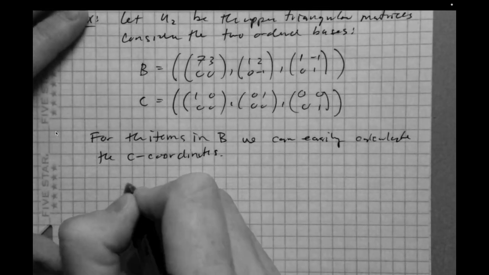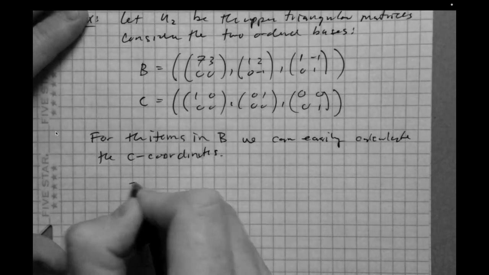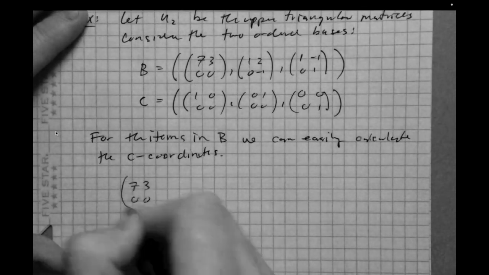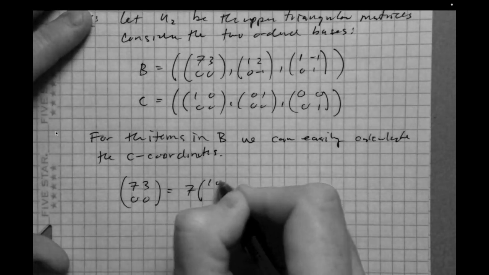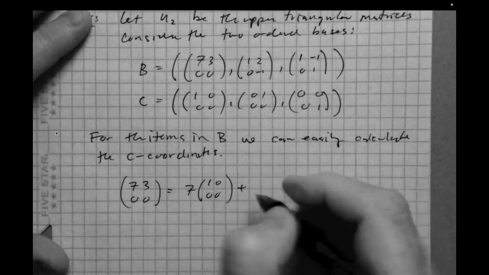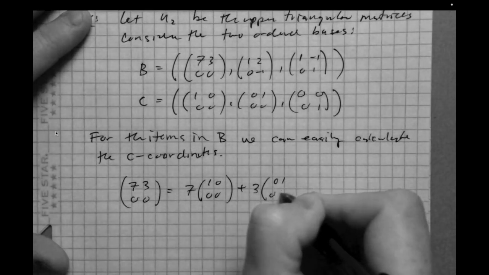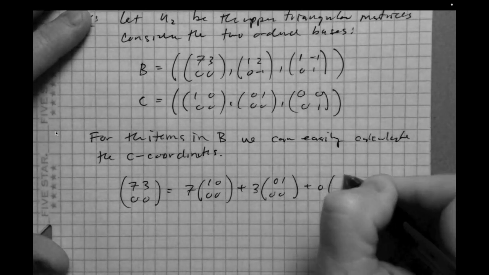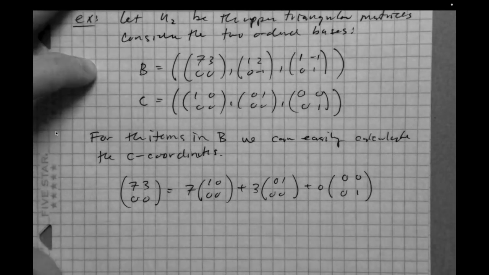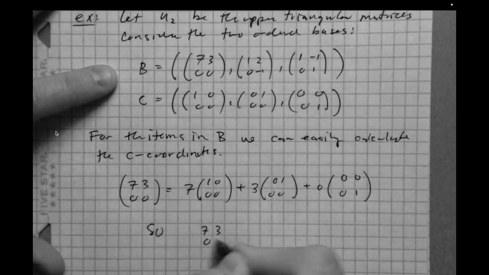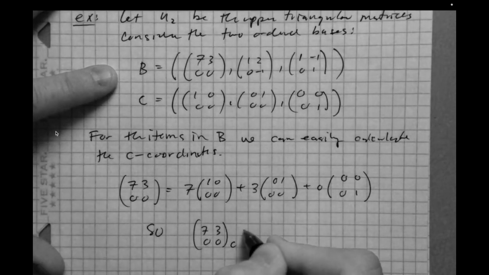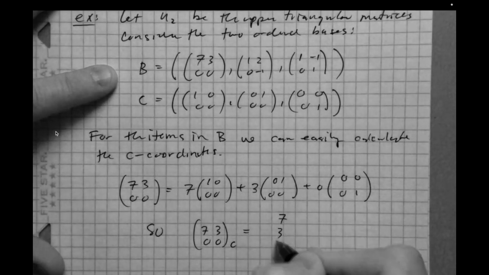So let's do this first one, for example: 7, 3, 0, 0. In terms of C, that's just going to be 7 times 1, 0, 0, 0 plus 3 times 0, 1, 0, 0 plus 0 times 0, 0, 0, 1. And so 7, 3, 0, 0 coordinatized in C is equal to 7, 3, 0.